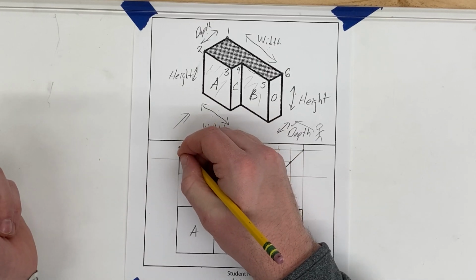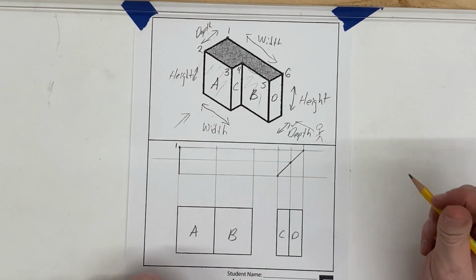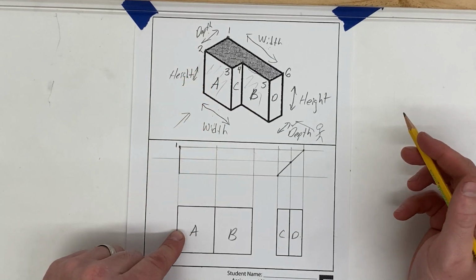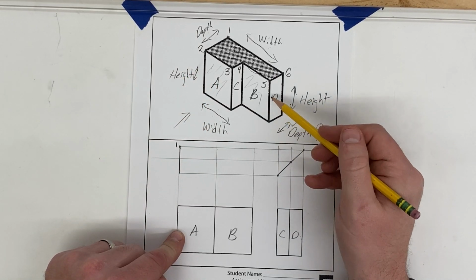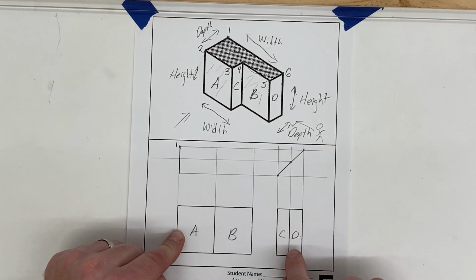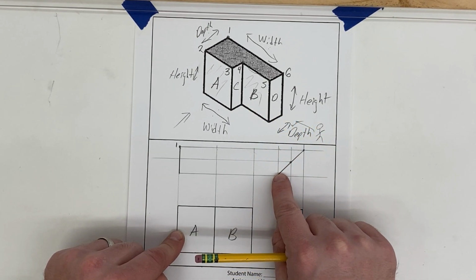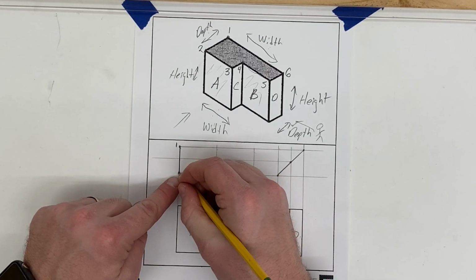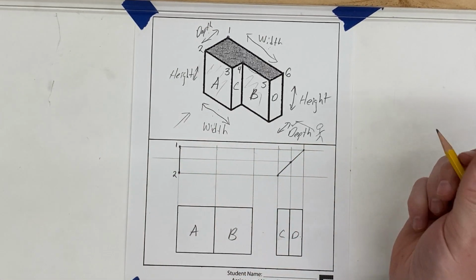There's my number 1. 2, it's on the left side of A. Look in this direction, it's on the left side of C, if I was standing right there. So I go to C, go up, and across. There's my number 2.